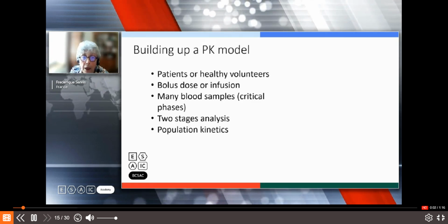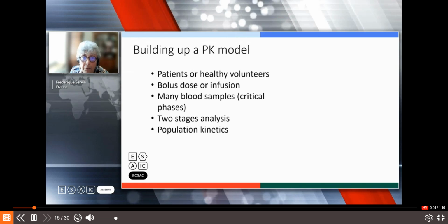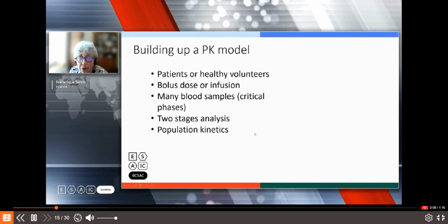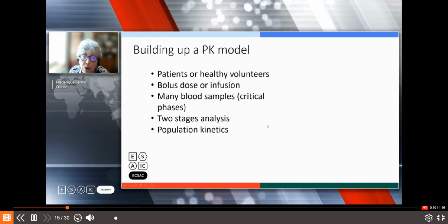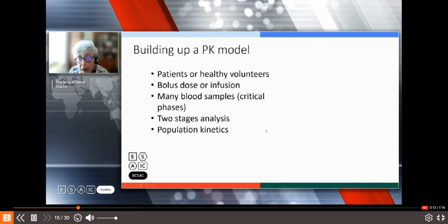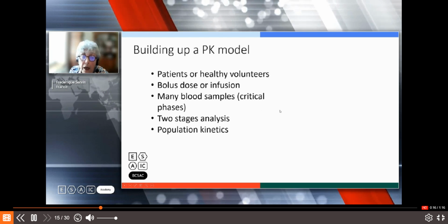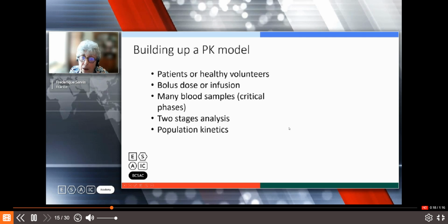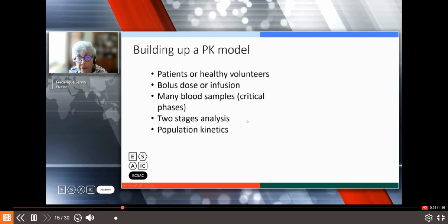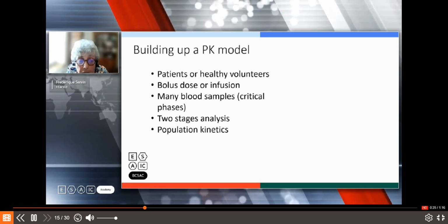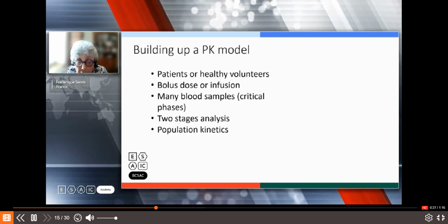How do we build up a PK model? You have to get patients or healthy volunteers, give them the drug, either by bolus dose or infusion, take many blood samples, and specifically at critical phases of your infusion. And then you can do either what is called a two-stage analysis or a population kinetics.